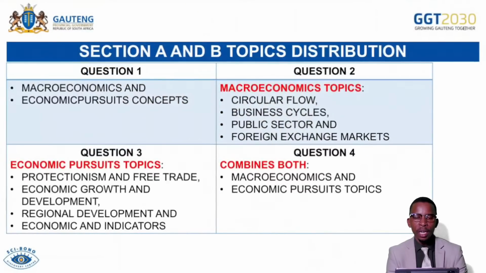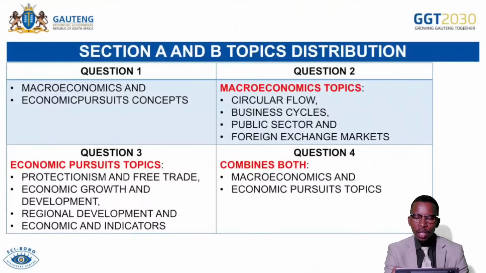So, section A and B topic distribution. How are topics distributed across? Firstly, in question 1, be aware that even if you want to answer macro, you will come across questions in section A that are for economic pursuits. Section A or question 1 combines both the macroeconomics and economic pursuits.